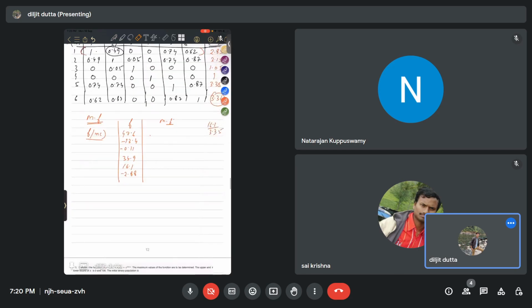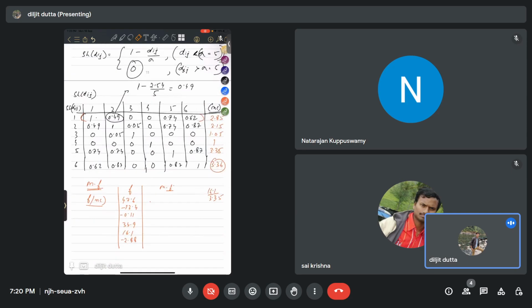So the modified fitness we will divide by the niche count. For the first one, 47.6 divided by 2.85. It's coming as 16.7. Second one is minus 13.4 divided by 3.15, minus 4.25. For the third one, minus 0.11 divided by 1.05, minus 0.1.